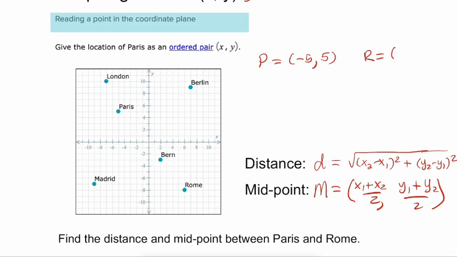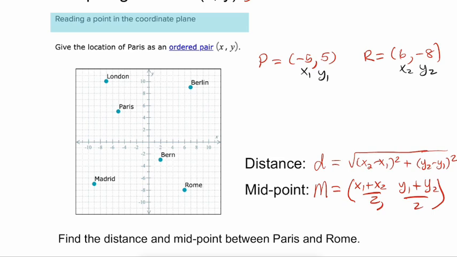So remember, that means 6 would be positive, but the 8 would be negative since we went down. Now, it's a good idea when you are finding distance and midpoint to label your points. So let's call this x1, y1, and x2, y2. It doesn't matter which you call the x1, y1 and which you call the x2, y2, as long as you're consistent. So as long as you're consistent in your work, you'll be fine.